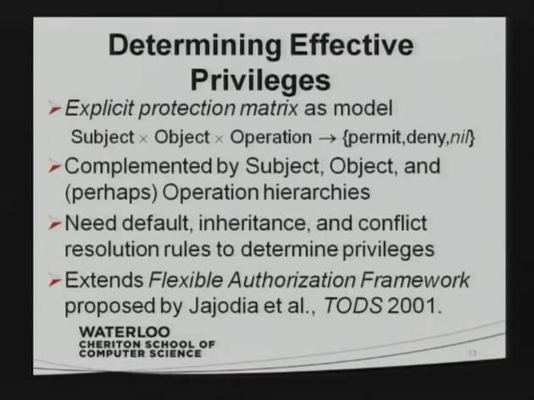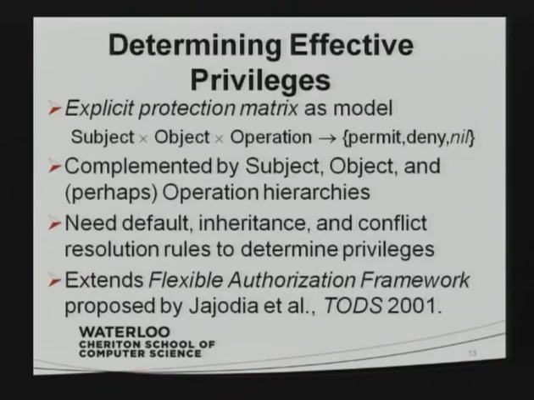Now for the rest of the talk, I'll talk about the implicit permissions instead, the effective permissions, the ones that are derived from other permissions. How do we determine what are the effective permissions when we have the hierarchy and we have the explicit permissions all set up?